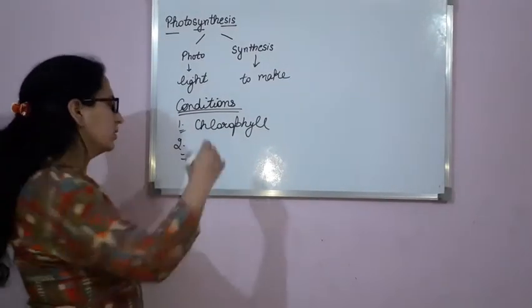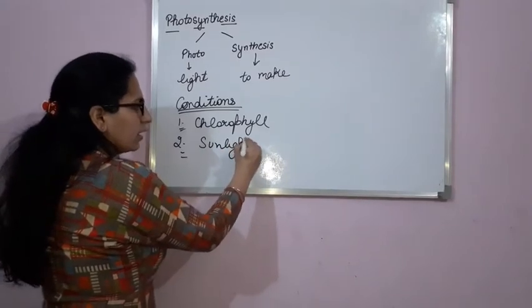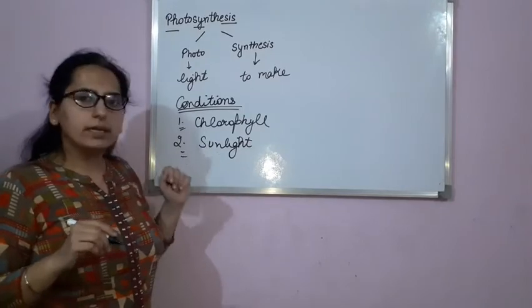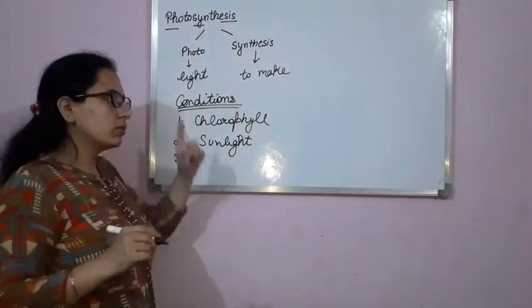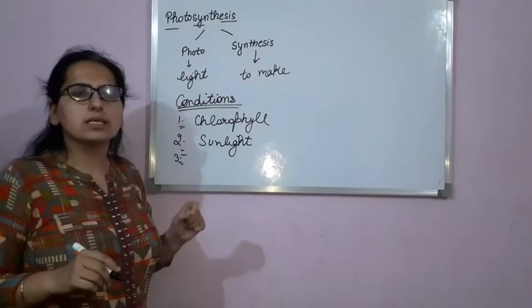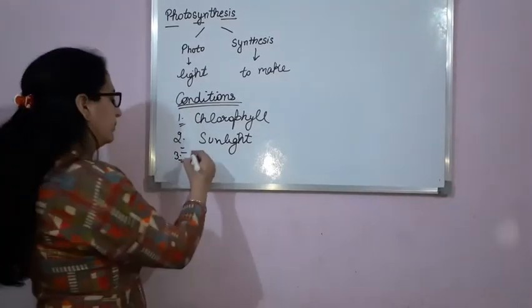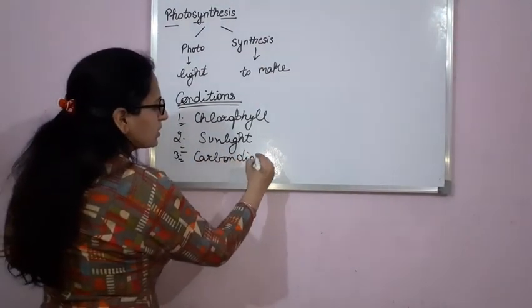So next requirement is sunlight. Now third requirement for the process of photosynthesis is carbon dioxide.